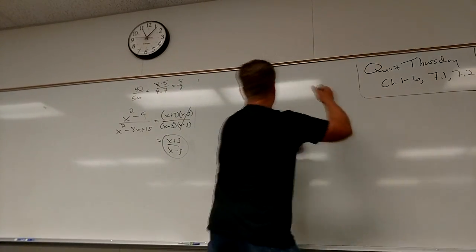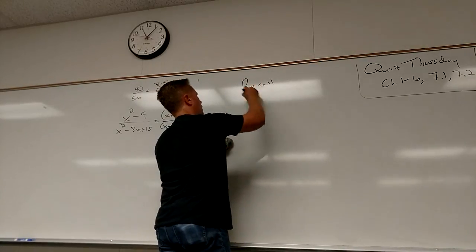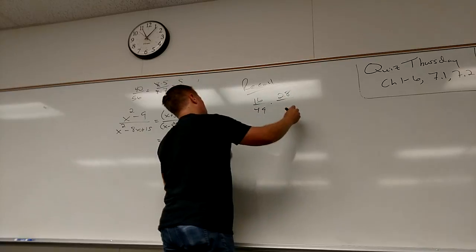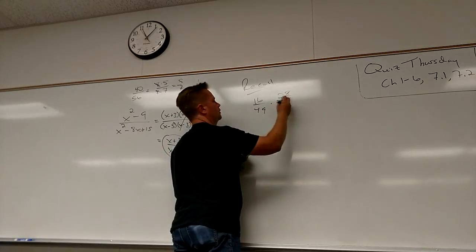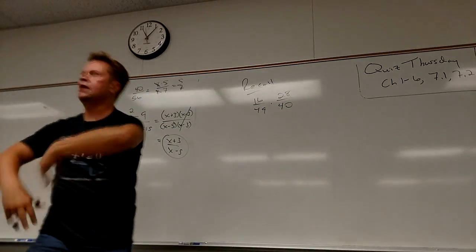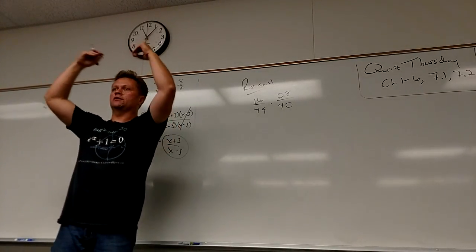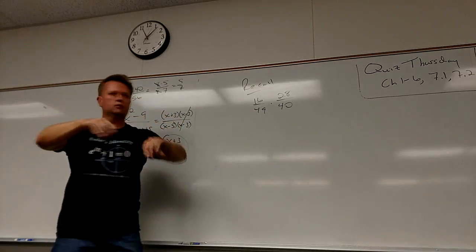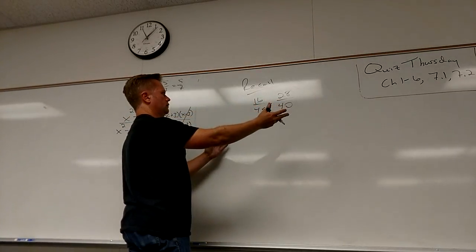Remind me, how do you do this? Let's recall. How would you do this? 16 over 49 times 28 over 40. Cross cancel, sure. Cancel wherever you can see something. And whatever's on the top can cancel with parts on the bottom, right? So what do you see right off the bat? 16 and 40.